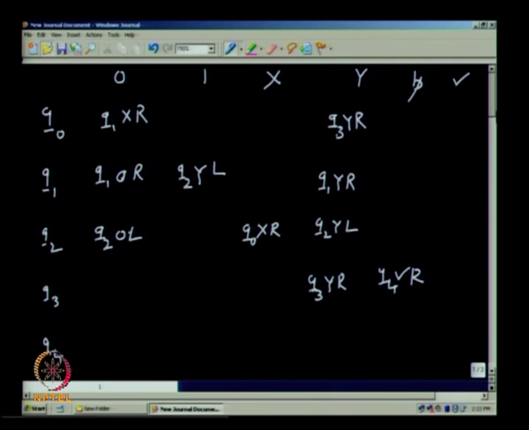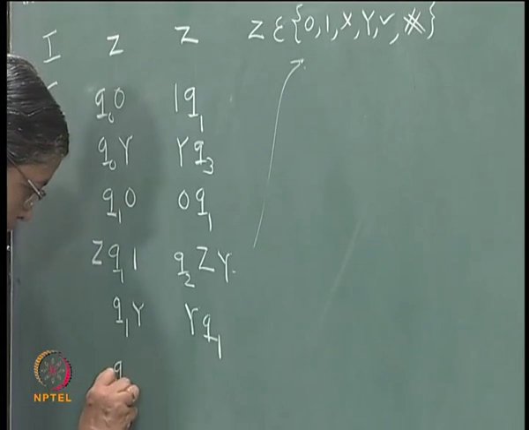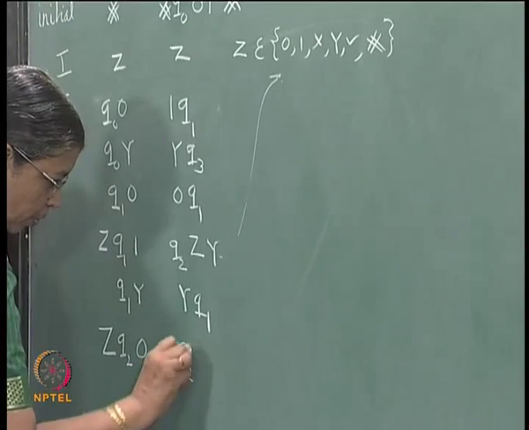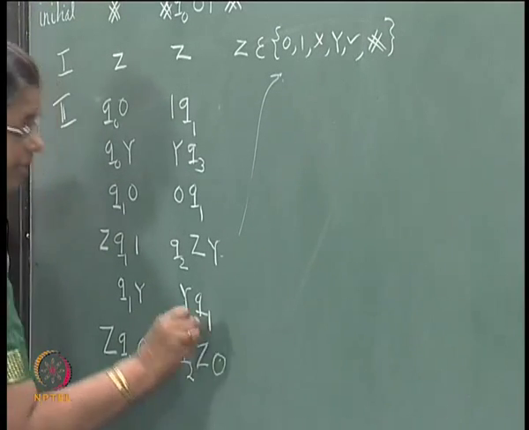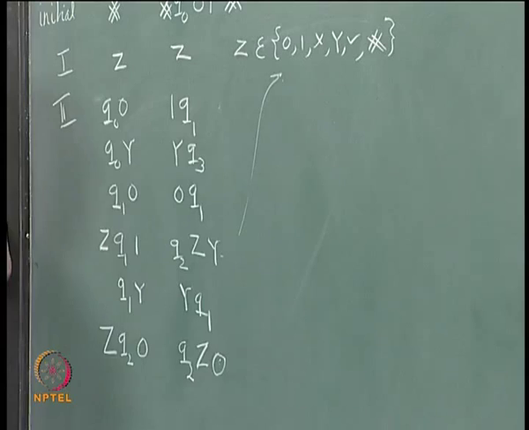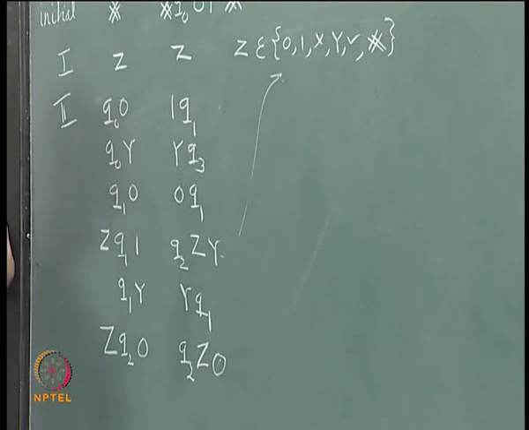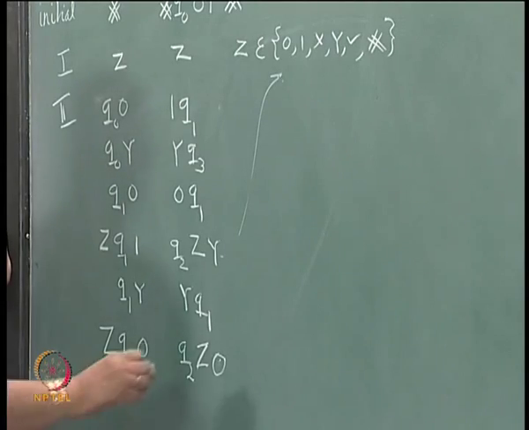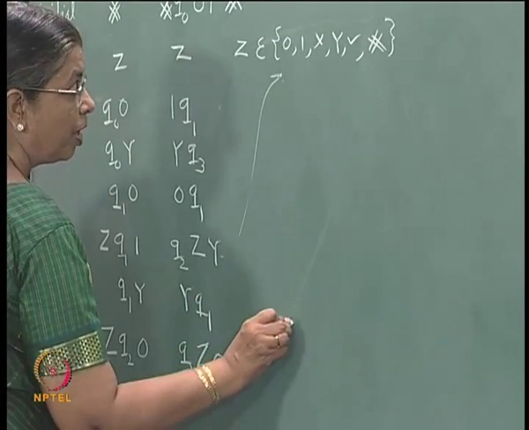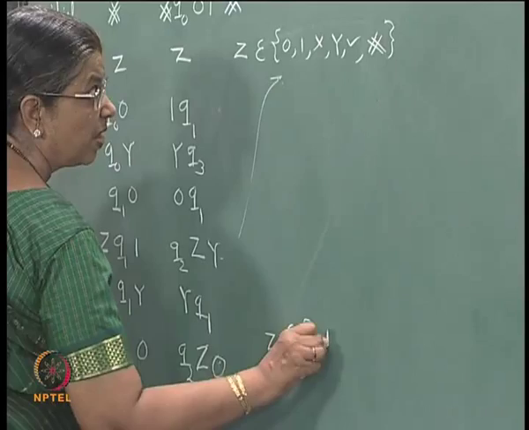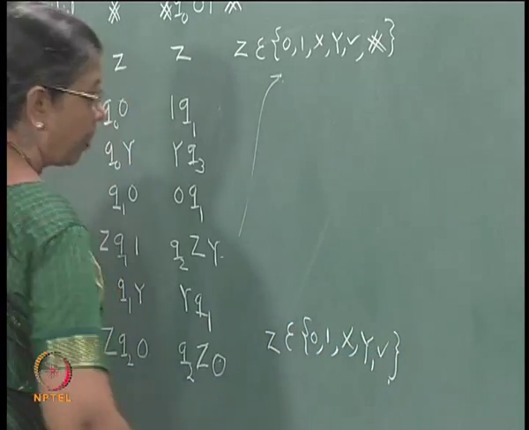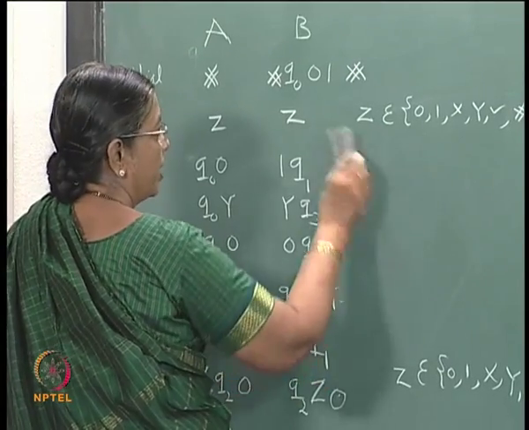Then Q2 0 is Q2 0 L, where Z can be any one of the following symbols, but not hash. Z belongs to 0, 1, X, Y, tick mark. For this one hash I am also including.